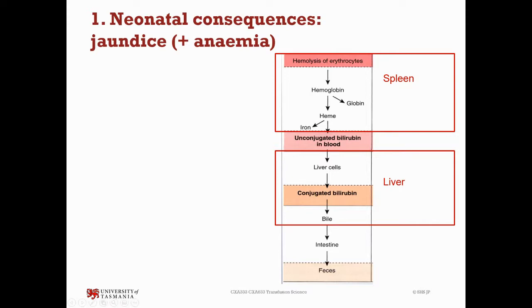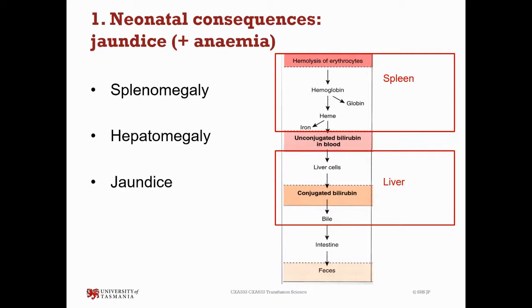So what happens in increased hemolysis is that because the spleen is more active, the spleen gets larger, so we end up with splenomegaly. Because the liver is more active, we end up with hepatomegaly. And because the amount of unconjugated bilirubin being produced is too much for the liver to cope with, we end up with jaundice.